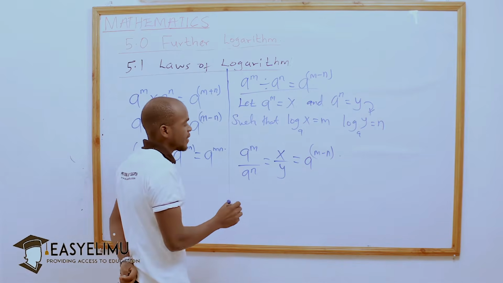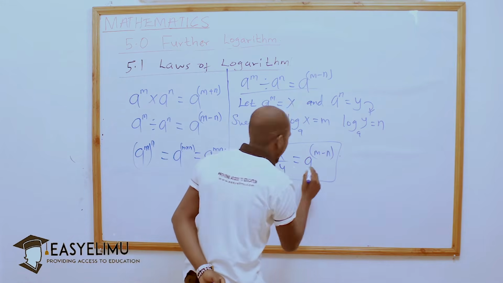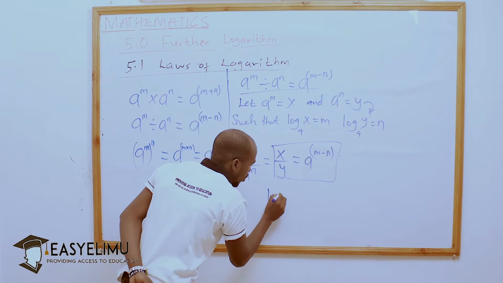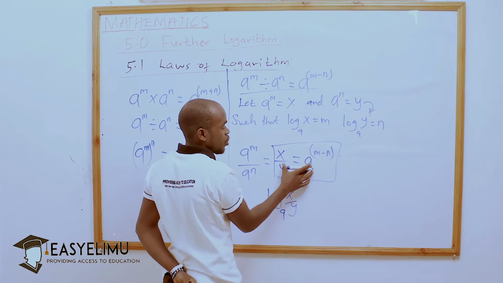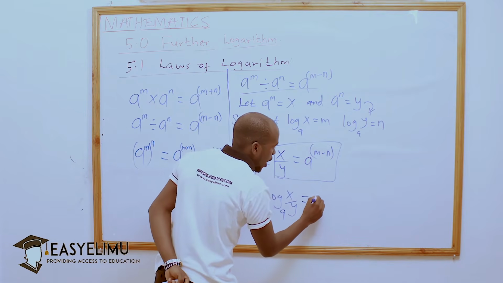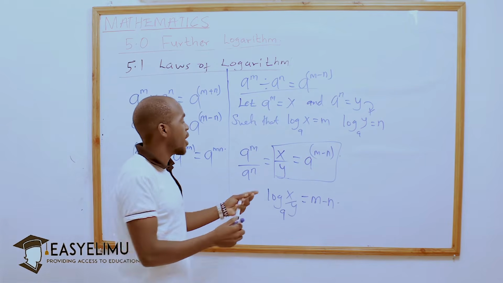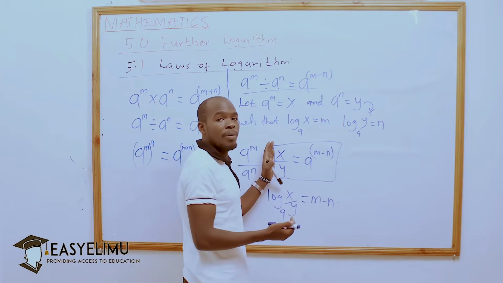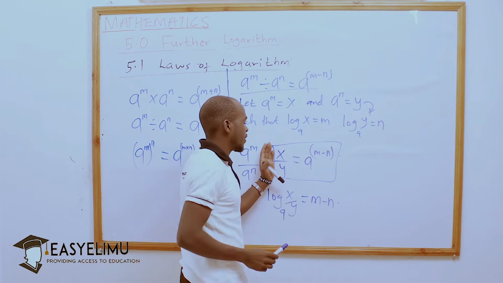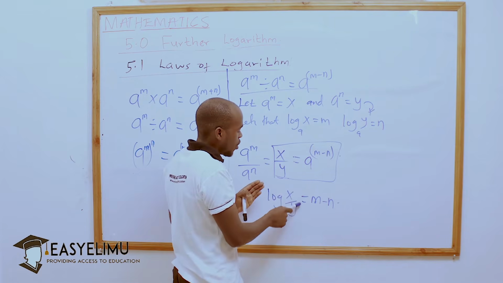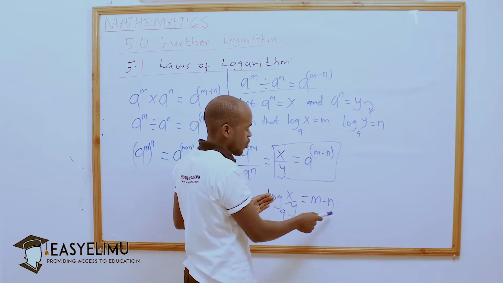From here, we can say that if we find the log of x over y to the base of a, it is equal to m minus n, because this one is in index notation, and writing it into logarithm notation, the number on the left hand side is the one we need to find the logarithm of, and the logarithm to the base of a will give us the power, so we have that one.